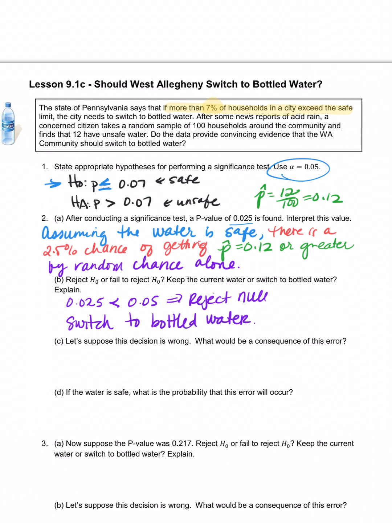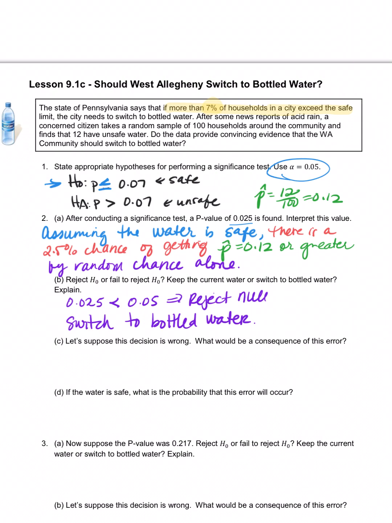All right. So far, so good? Now, what if we made a wrong decision? Bum, bum, bum. What happens now? Dead babies. What? Because we made a wrong decision. We're rejecting the null, saying the water's not safe.